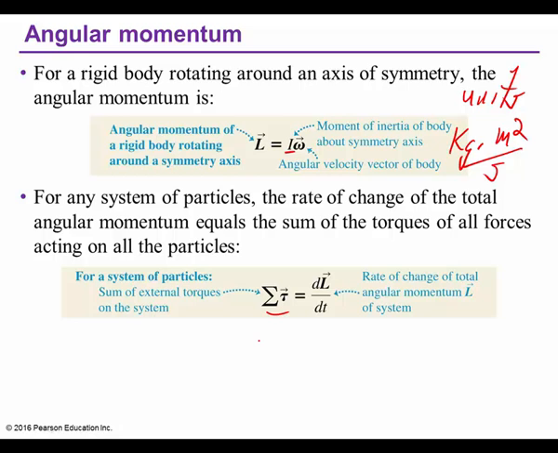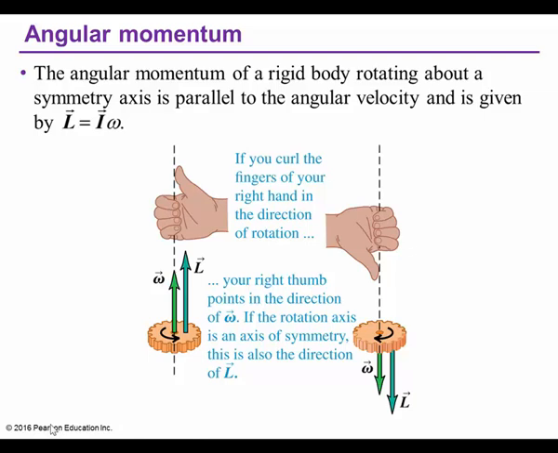Now, as I said a minute ago, conservation of angular momentum: provided that the net torque on an object is zero, then momentum's conserved. Now, if you apply more external torque, then you change the angular momentum. But if the net torque on a device is 0, then the angular momentum is conserved.